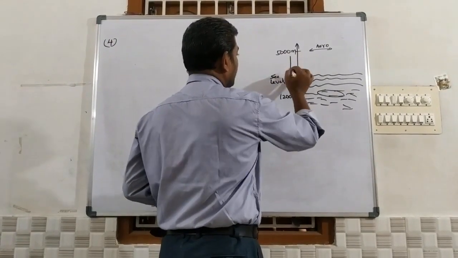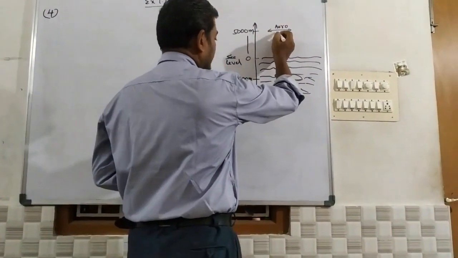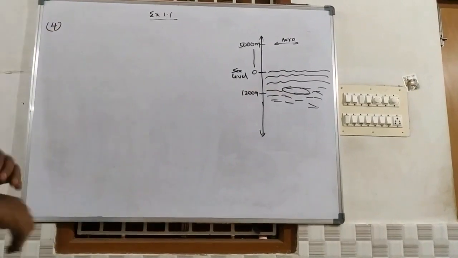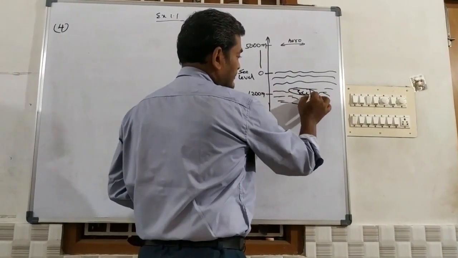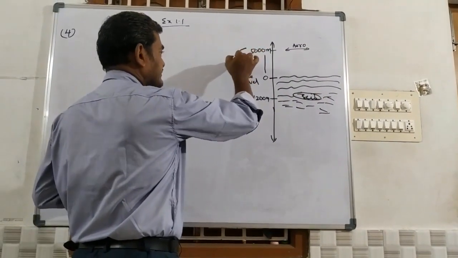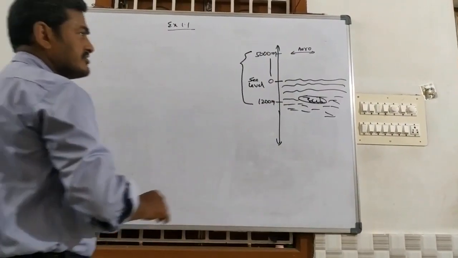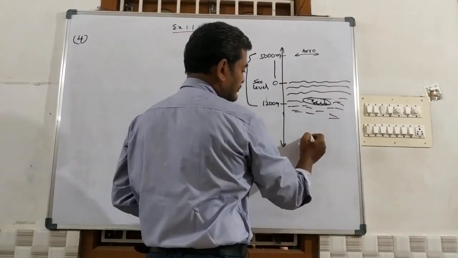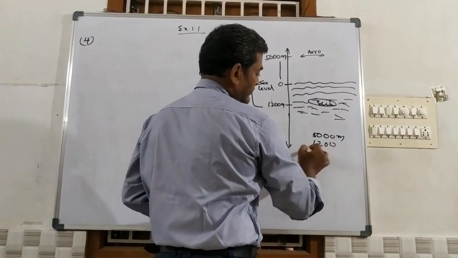From the sea level, 500 meters above the aeroplane is moving, and from the sea level 1200 meters below is the submarine, moving inside the water. They are asking the vertical distance between the aeroplane and submarine. So this distance is 500 meters plus 1200 meters.